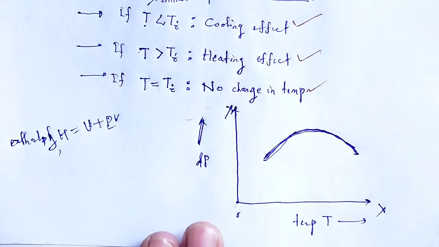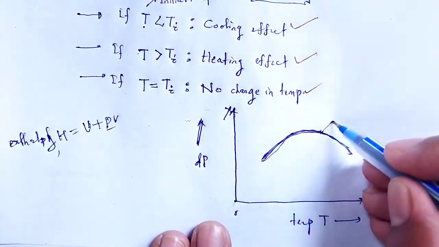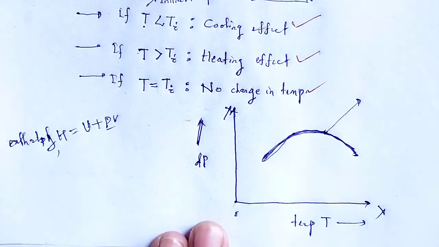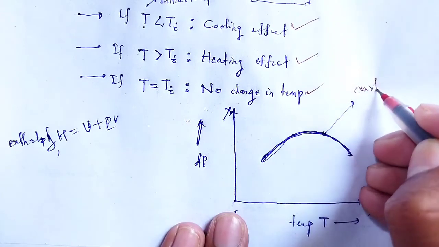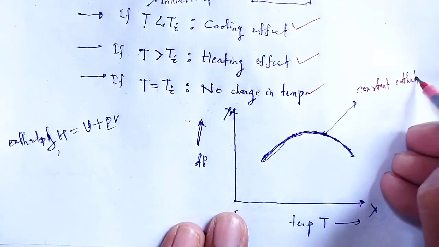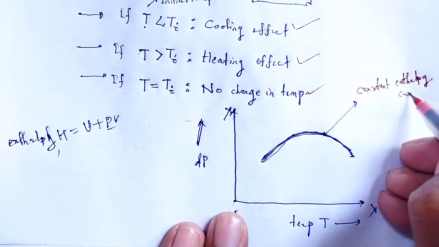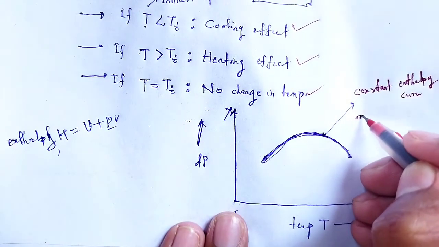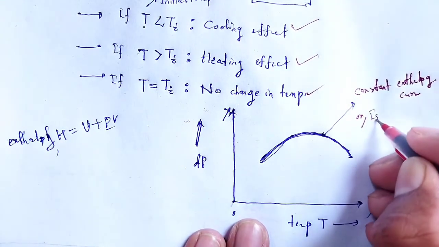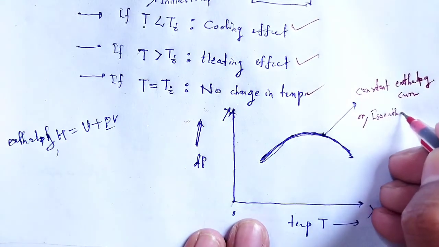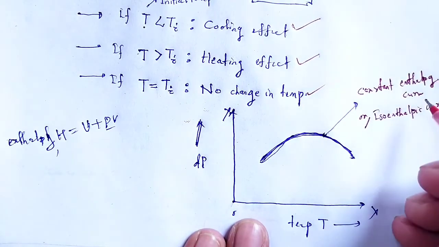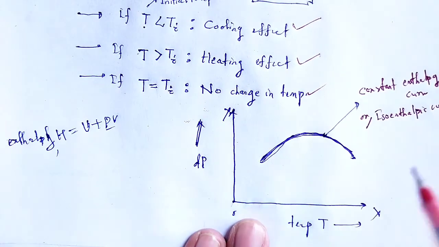That curve is known as the constant enthalpy curve or isoenthalpy curve.